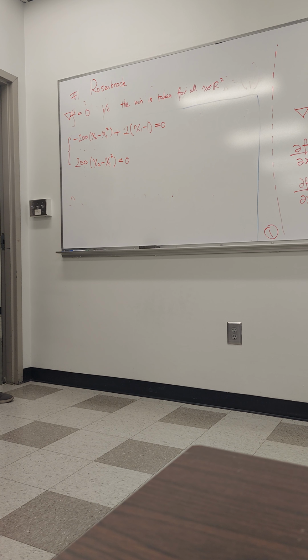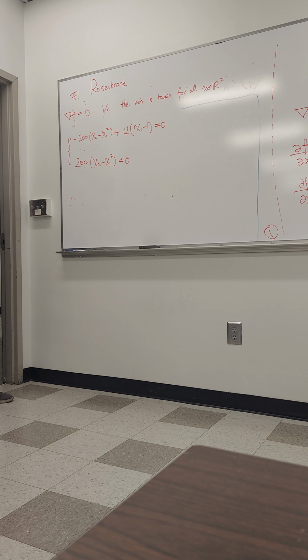So the n dimension looks like this. It's a summation over k from 1 up to n minus 1 of xk plus 1 subtract xk square, there we have a square as well, plus a subtract x1 square.